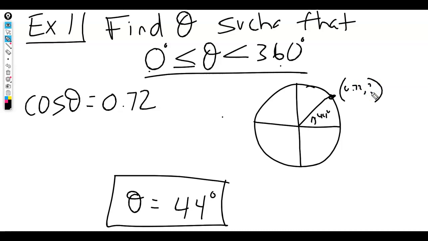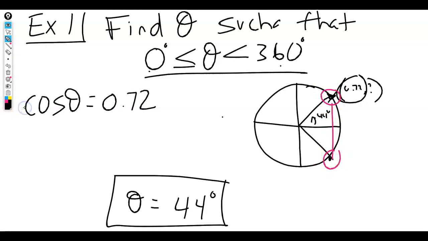Now, if I have an x value that's 0.72 right here, where would I have another x value that is 0.72? Well, it would be directly below it, right about here. Remember how we talked about how all the cosine values, whatever you have here, the one directly below it across the y-axis will be exactly the same.